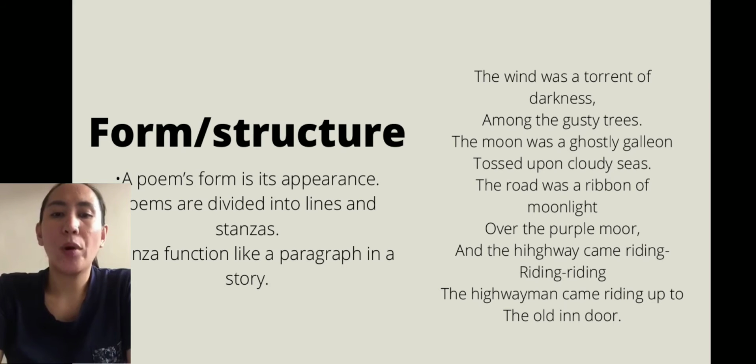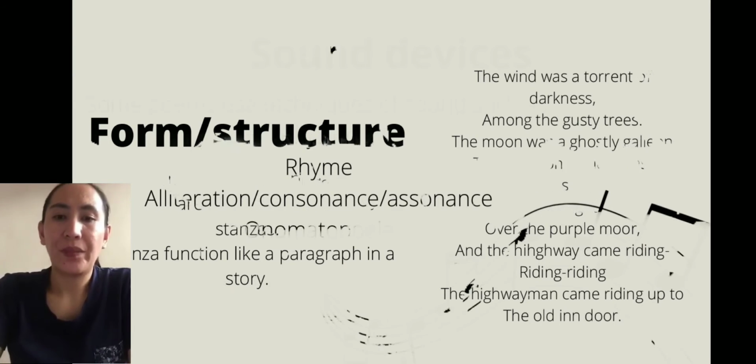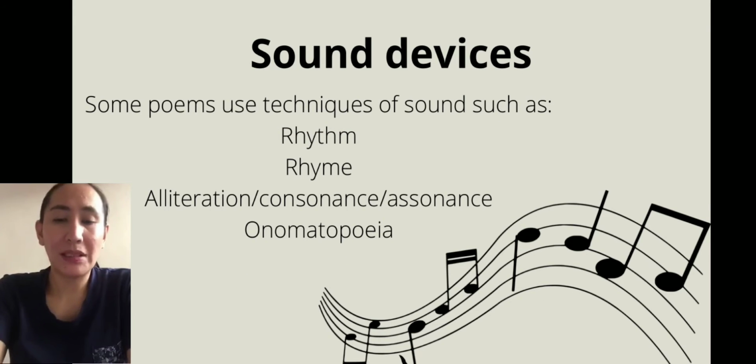So a poem's form is its appearance, and poems are divided into lines and stanzas. Well, these stanzas function like a paragraph in a story. Each one contains a single idea that takes the idea one step further, like the example on the presentation.